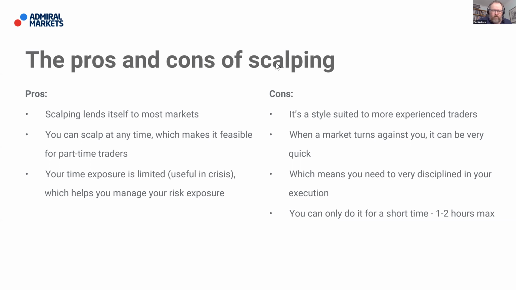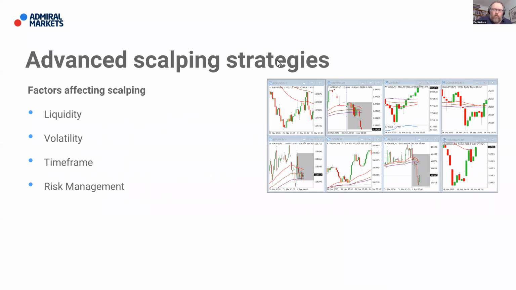Great questions there. So, when it comes to thinking about strategies for advanced scalping, what are the factors that affect scalping? What are the factors that are of interest or relevant to us? Well, one of them is liquidity, your ability to get on your position easily without too much movement.